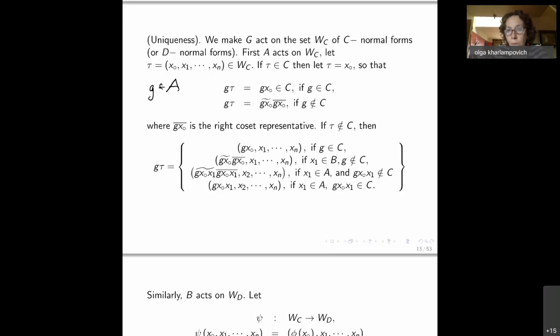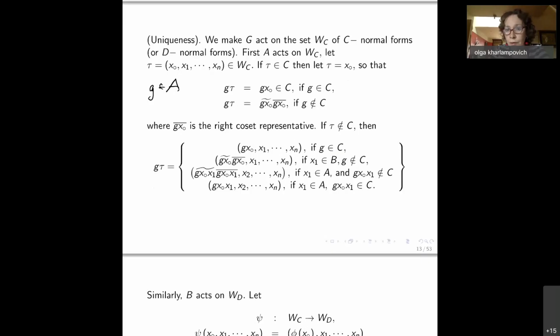Now, if this normal form tau is just an element in C, if you just have x0, then g tau is g x0. If g belongs to C, it is an element in C. If g does not belong to C, then it is a product of an element from C times an element from the transversal.